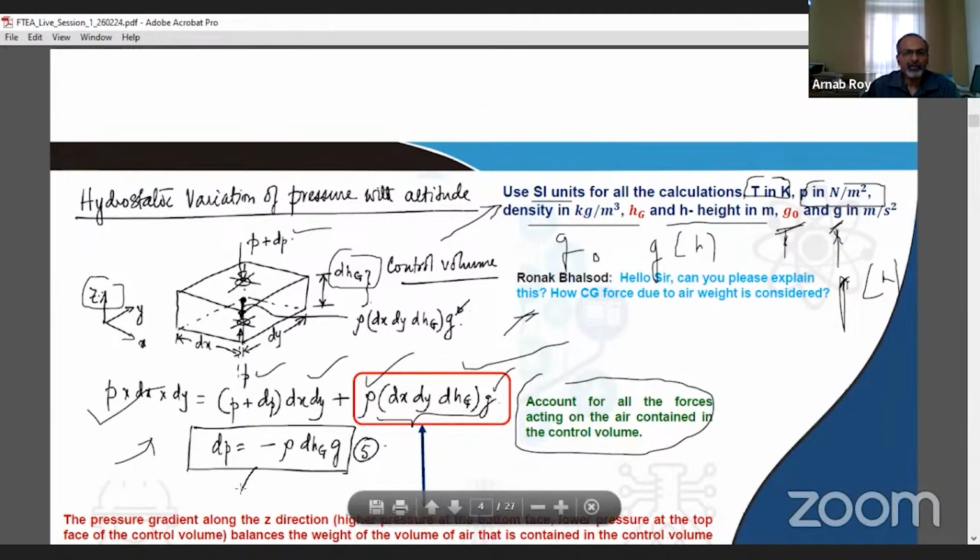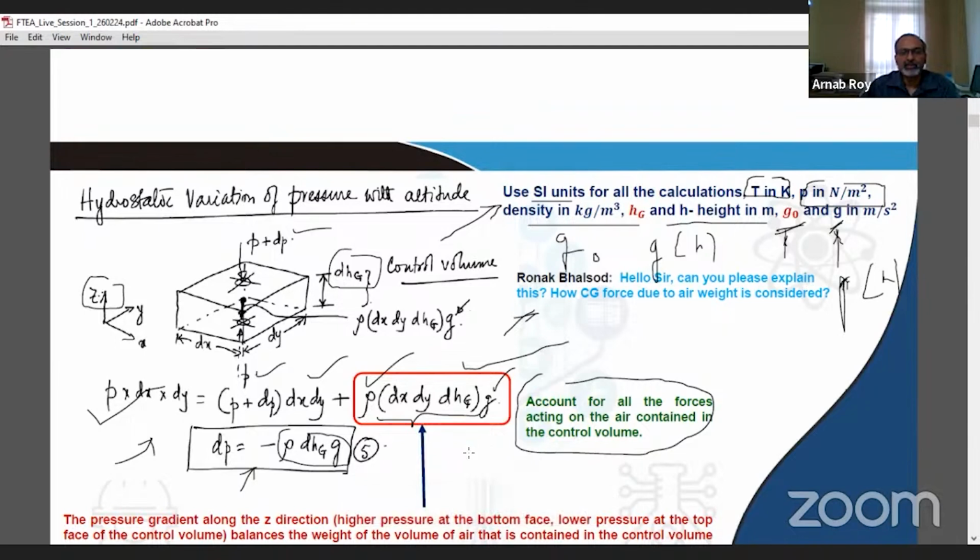And from that, we derive a very important relation that the pressure change along the height of that control volume, which we demarcate as dP, essentially is denoted by this expression, which clearly explains that the dP, the pressure change as we move to a slightly higher altitude, would always turn out to be a negative change.